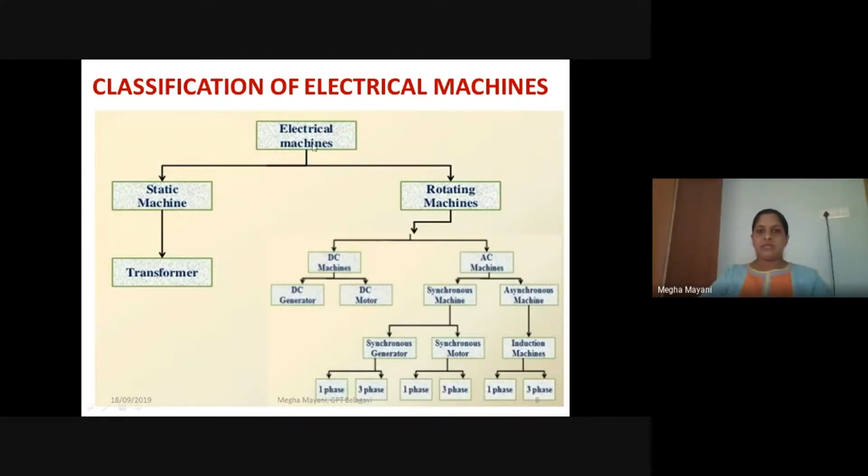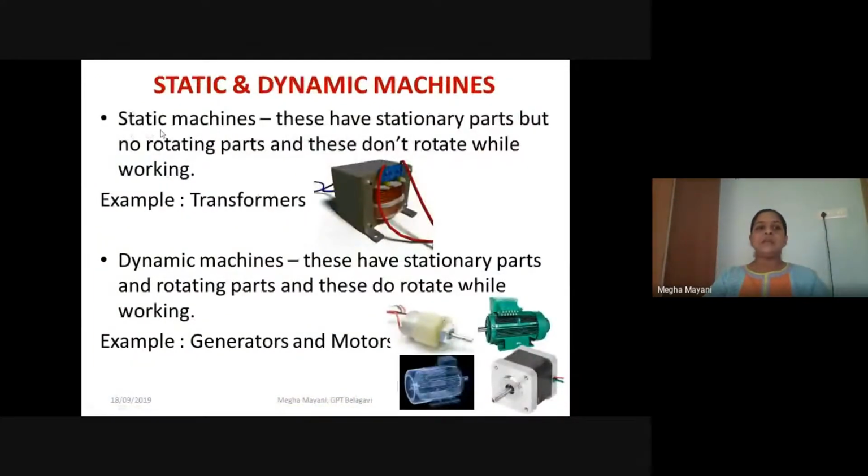Basic electrical machines can be of two types, that is static and dynamic. So let us look into the details of static and dynamic machines. Static machines, the name itself indicates something stagnant.